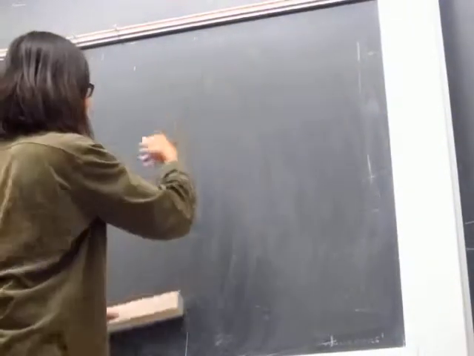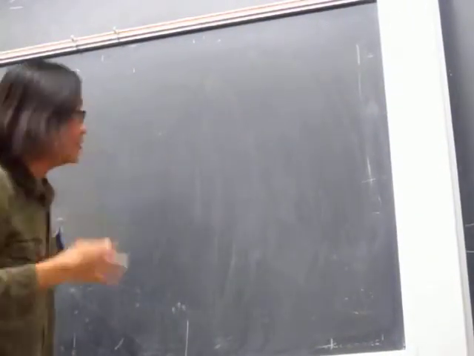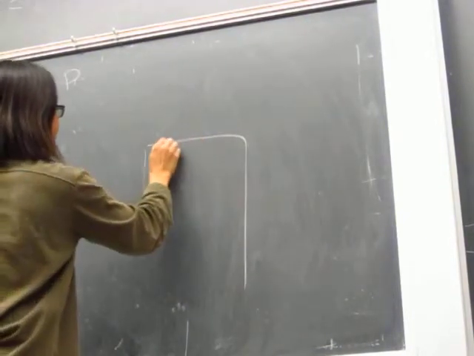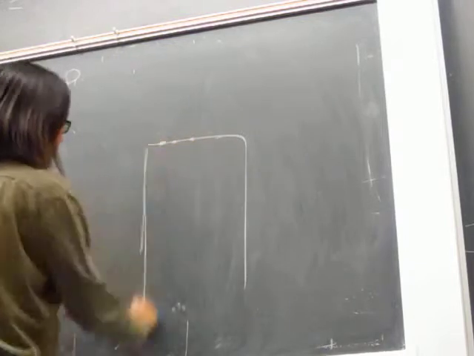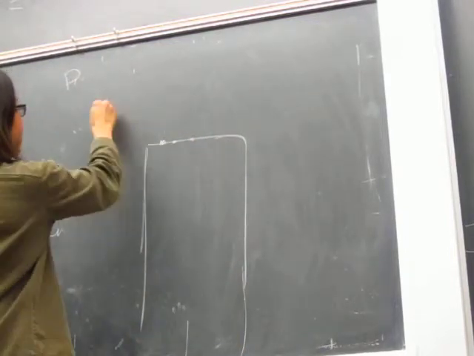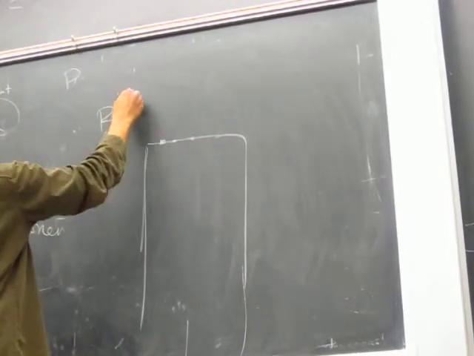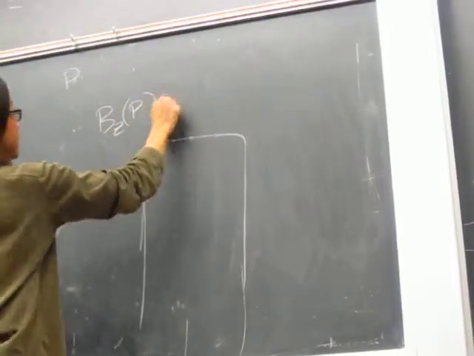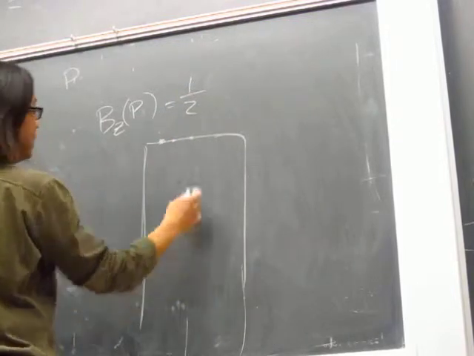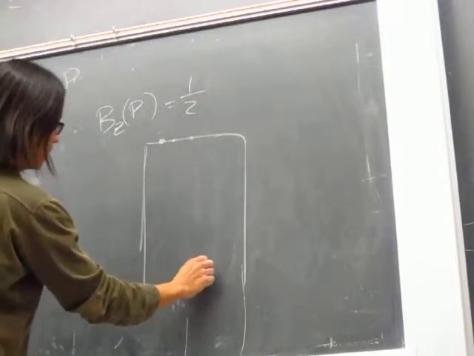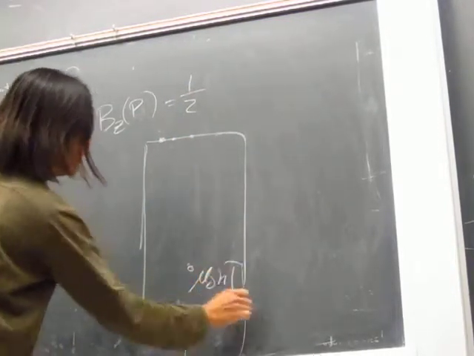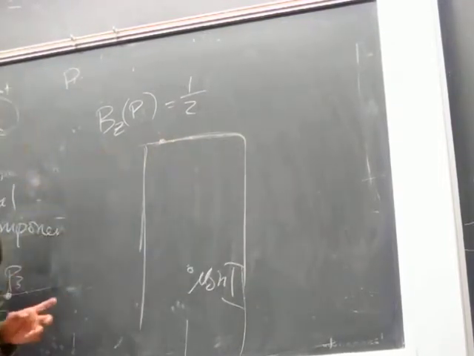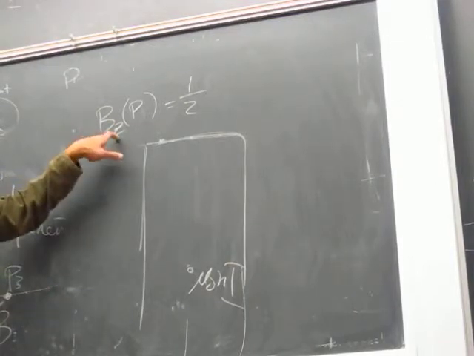This is probably the most difficult problem, at least conceptually. Here, this is semi-infinite, and everywhere along this point, the B field in the axial direction at P, and P can be anywhere along here, is always half of mu naught and I. The axial component.